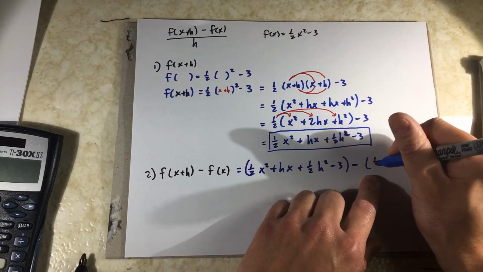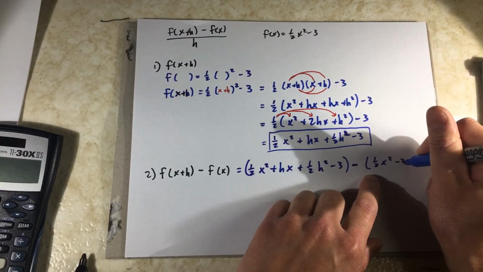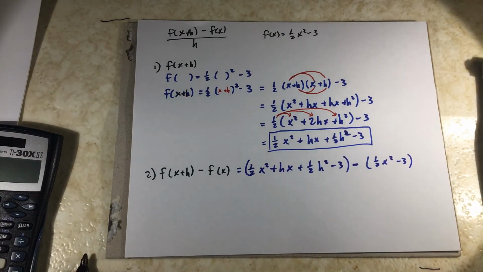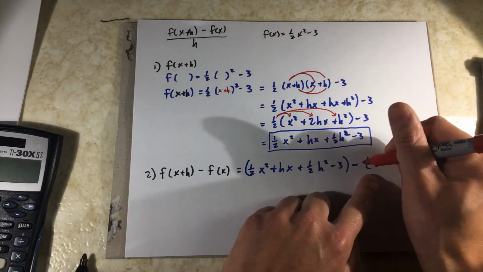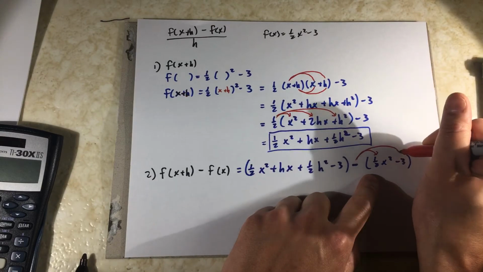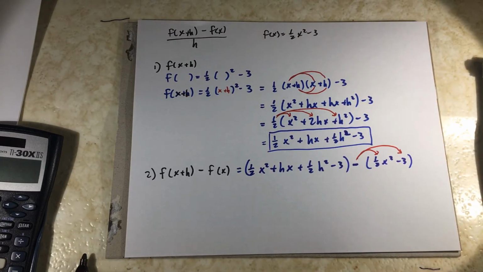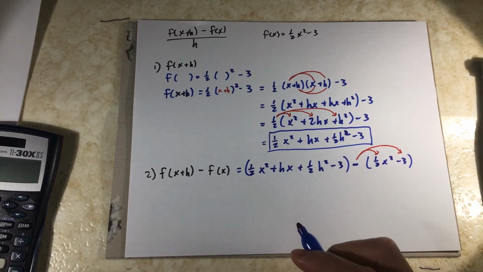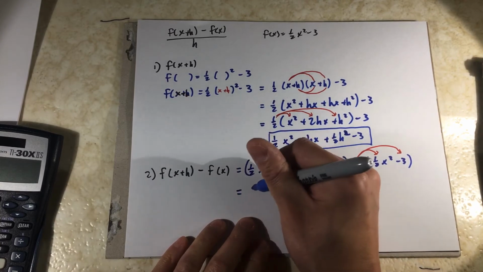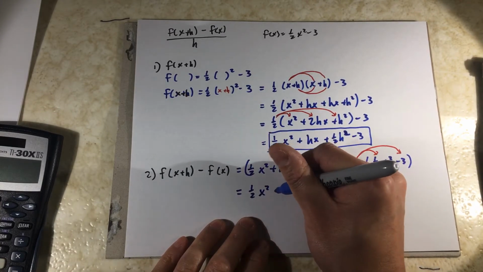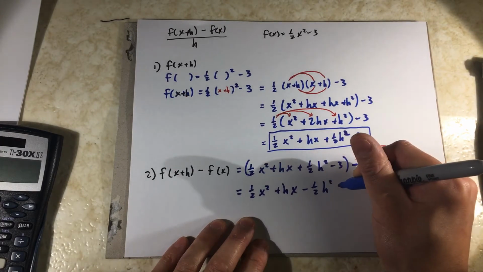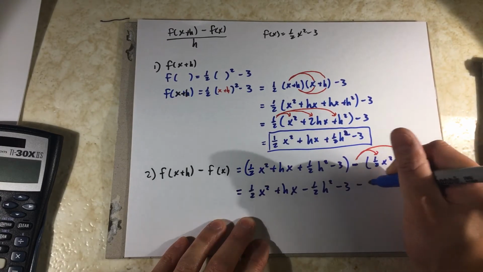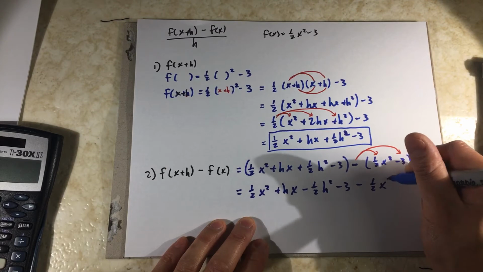I'm going to put this in parentheses, which is an important step, because we're going to have to distribute this minus sign to each of those terms. And then we're going to get some cancellation here. So we get 1/2 x squared plus hx plus 1/2 h squared minus 3, and it becomes minus 1/2 x squared.